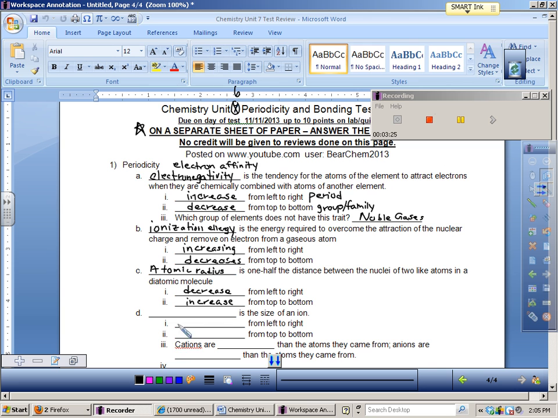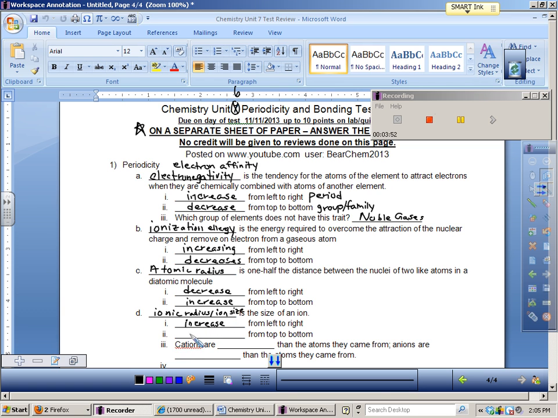When we look at the size of an ion, we call that ionic radius or ion size. You could use either term to describe the size of the charged particles. As we go left to right across the period, it is going to increase because we are adding.